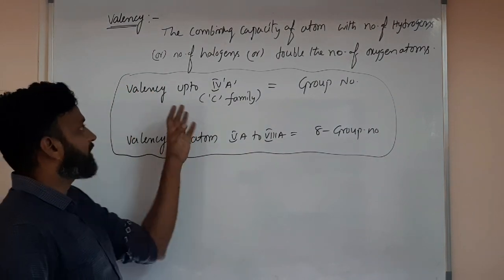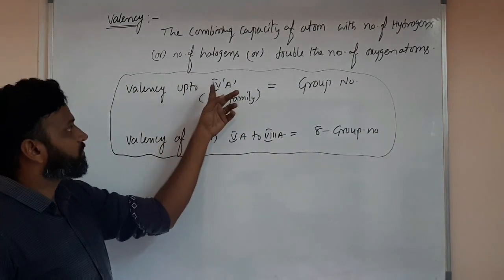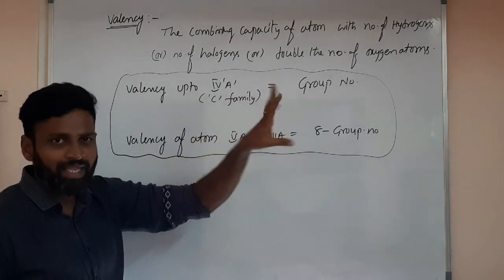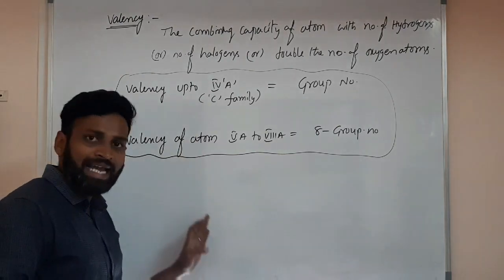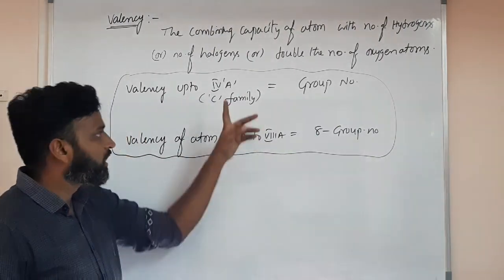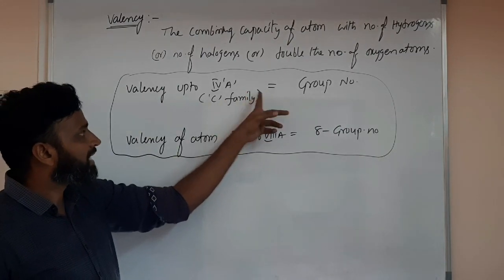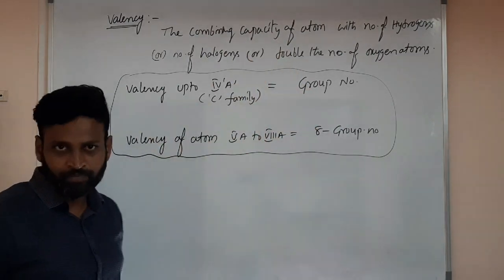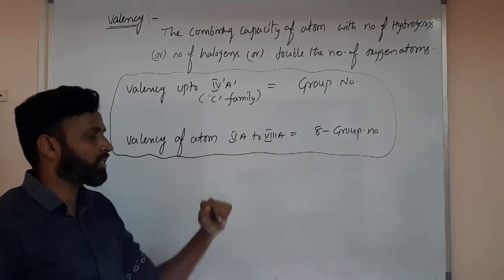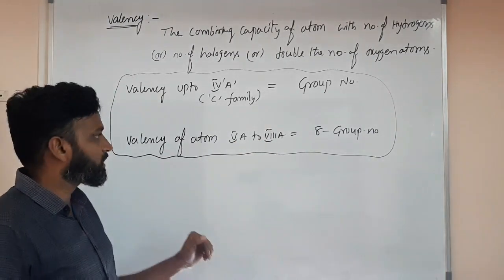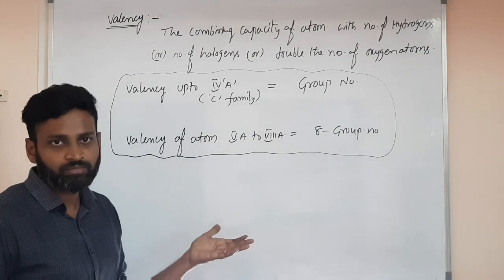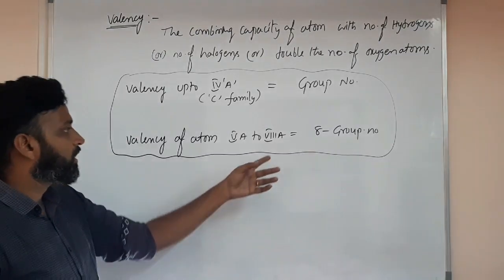In general, the valency of any atom which is present in 1A group to 4A group, any atom of 1A group, any atom of 2A group, if you consider the particular atom, valency is group number. Okay. If you consider an atom belonging to any 5A group or 6A group, suppose I want the valency of sulfur.